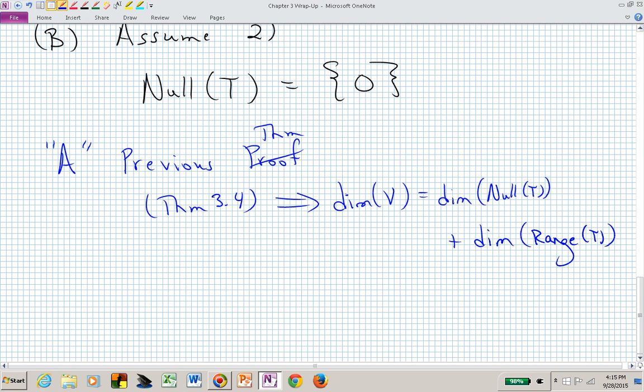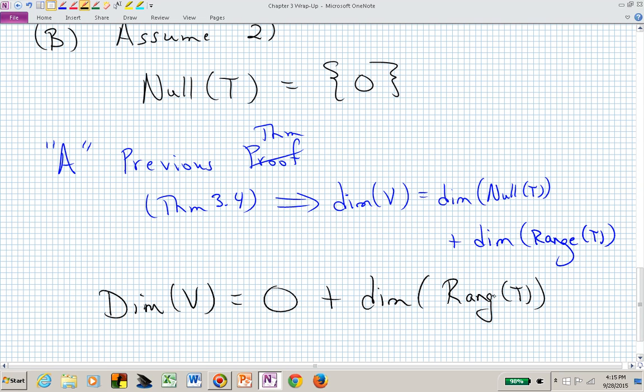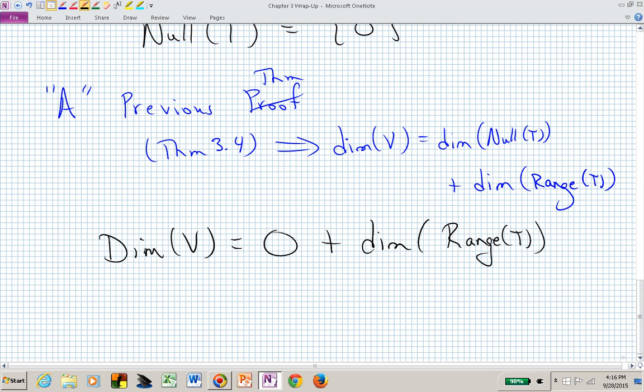Now, because our map is injective, what do we know about the first term on the right-hand side? We know that is 0, so that we now have the dimension of V is 0 plus the dimension of the range of T. But the range of T is going into V. So obviously now the range of T covers the entire codomain, which is also our domain.